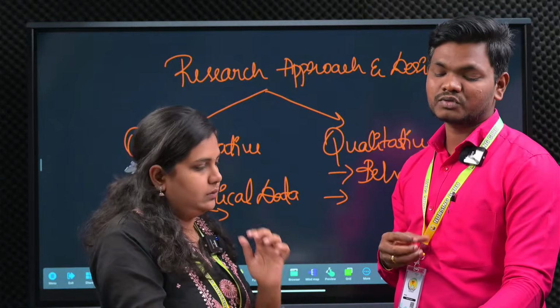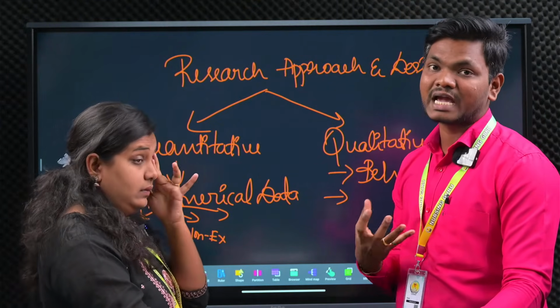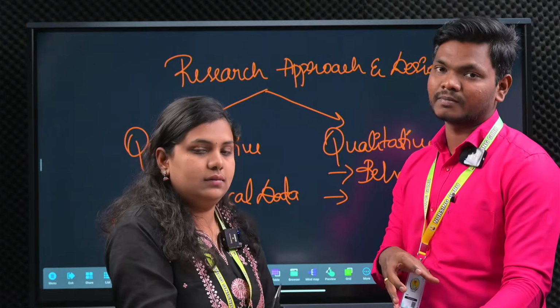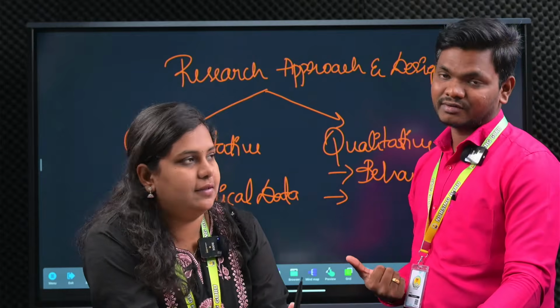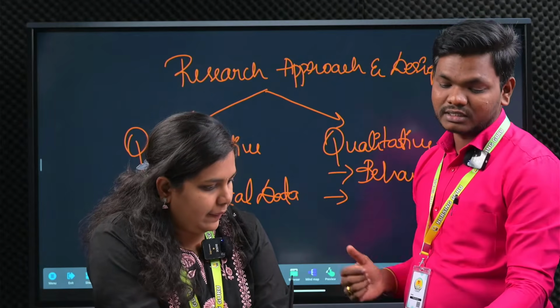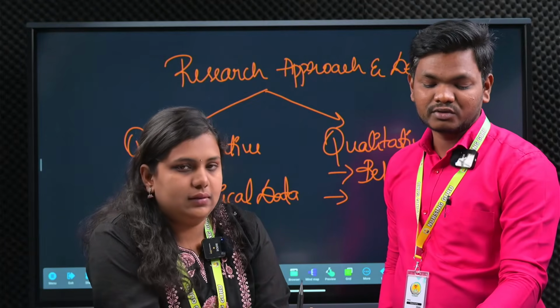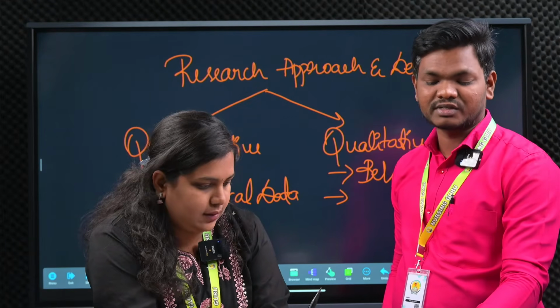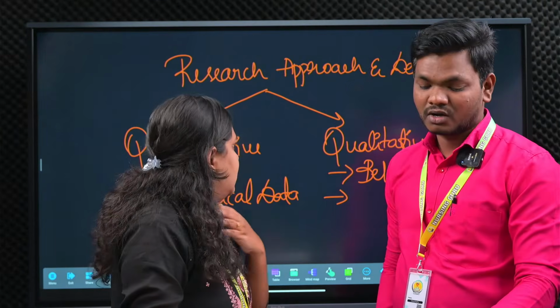When you want to study the characters of somebody, you have to understand more about the person. That is qualitative research. Examples are interviews, focus groups, observation, and document analysis; all these come under the qualitative approach.